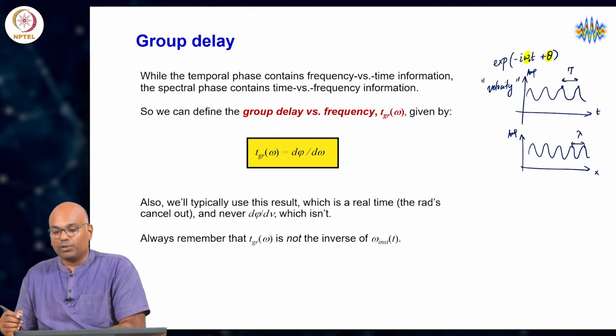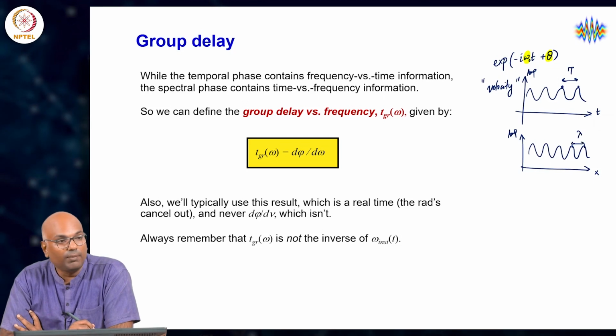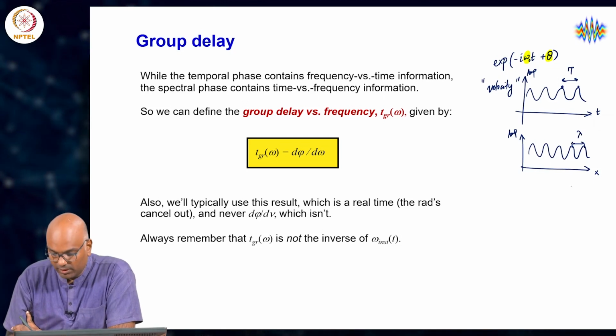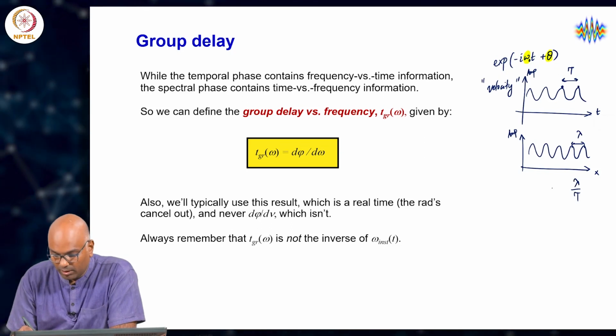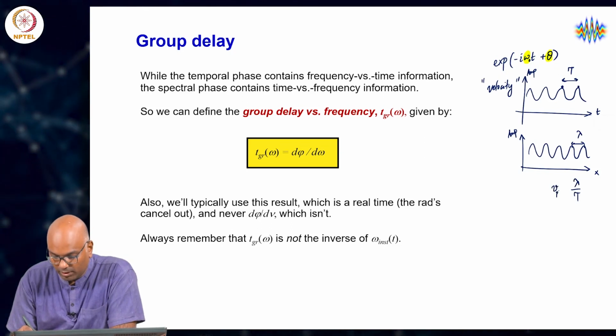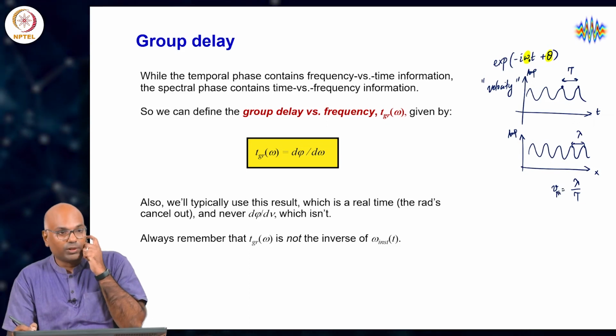In the time domain it was a T. We said that this ratio of lambda divided by T is a velocity which we call the phase velocity.